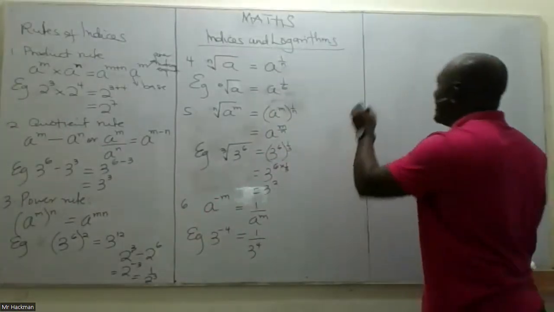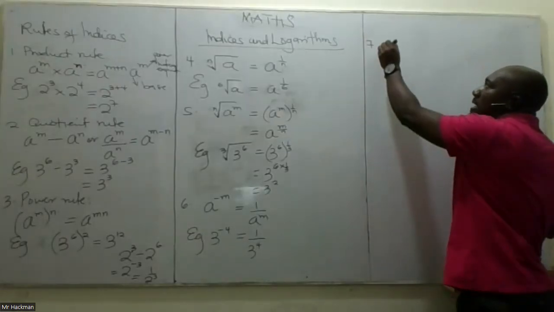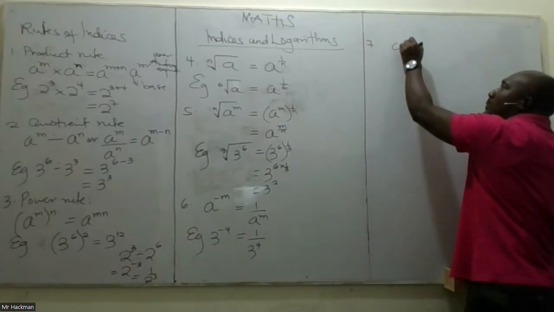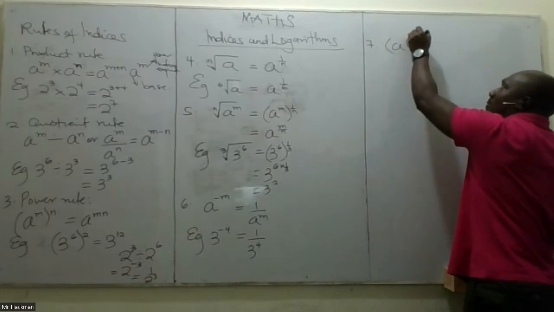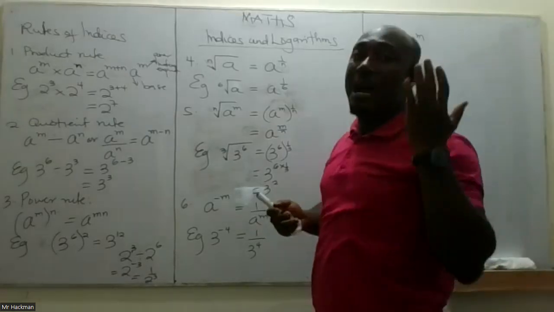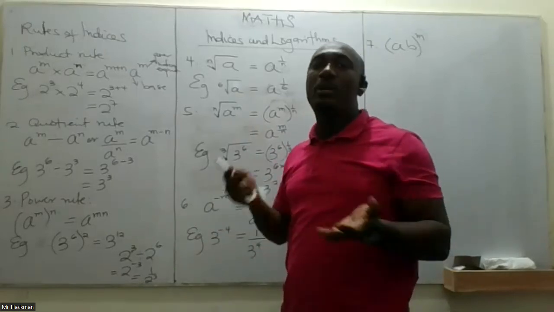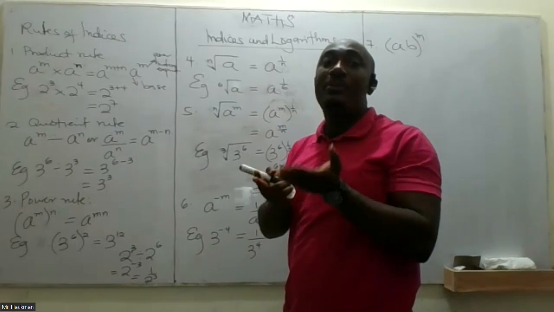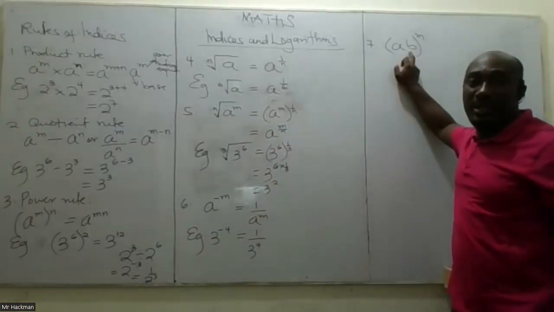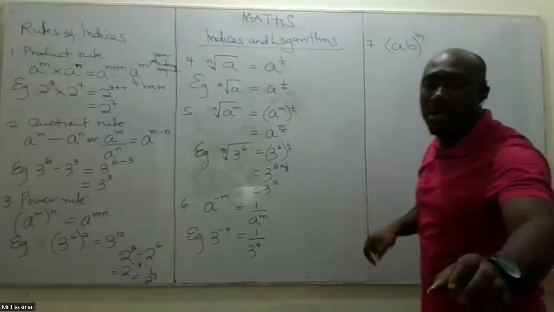Now we are going to look at another rule, rule 7. I have 2 numbers, a and b, multiplied together and raised to a certain power. So far, we looked at only one factor to a certain power, but now we are looking at 2 distinct numbers, so a is not equal to b. Whenever I have this situation, what do I get?